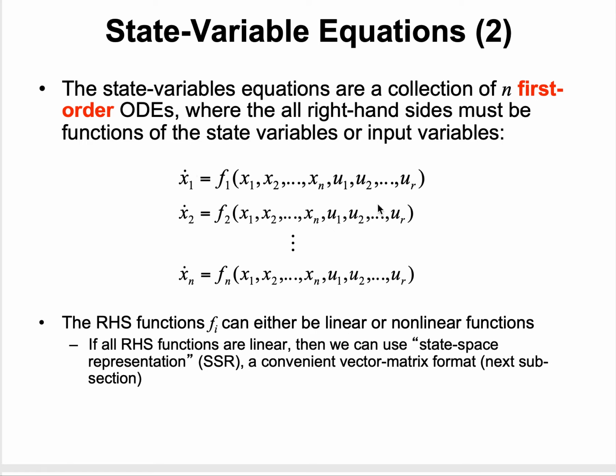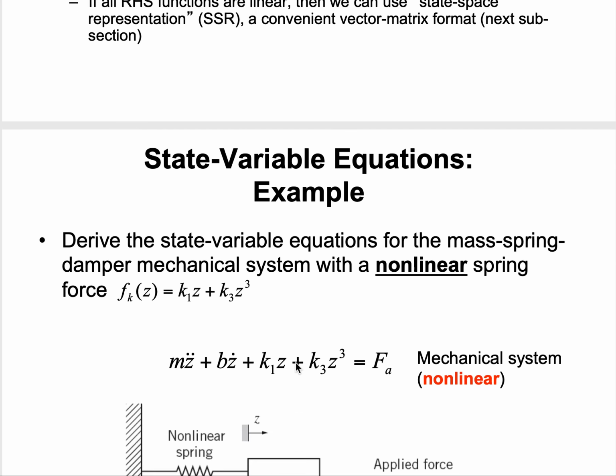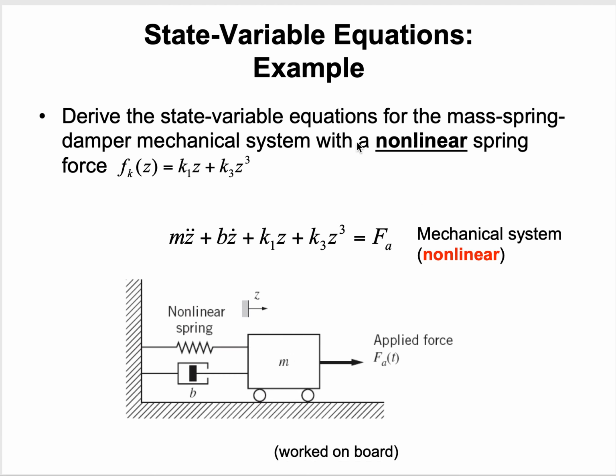Okay. The right-hand side can be linear or nonlinear in state variable equations, but in state space we can only have linear systems, which we will discuss in the next section. So that's the state variable equation.